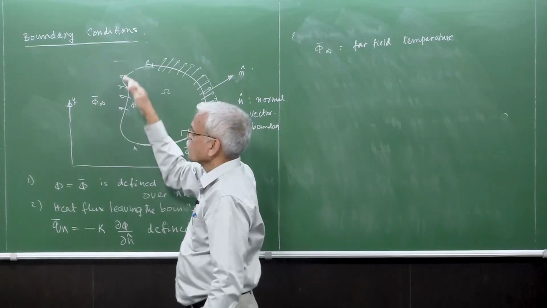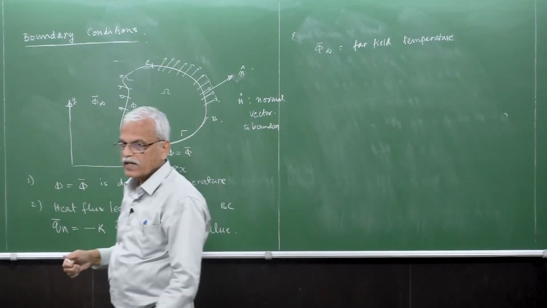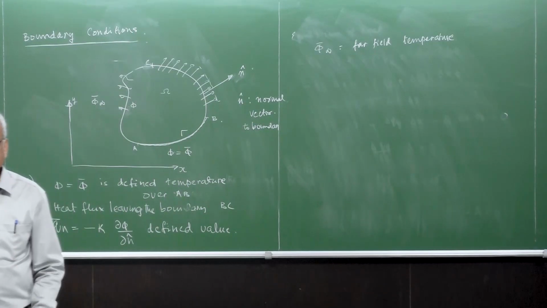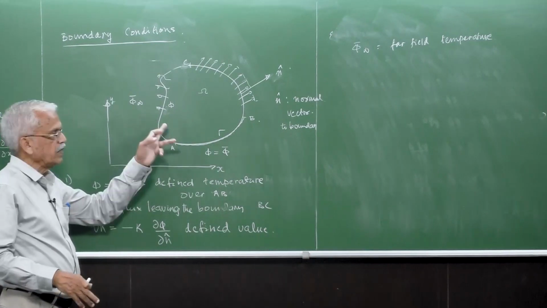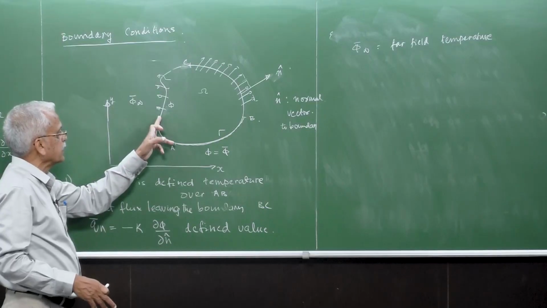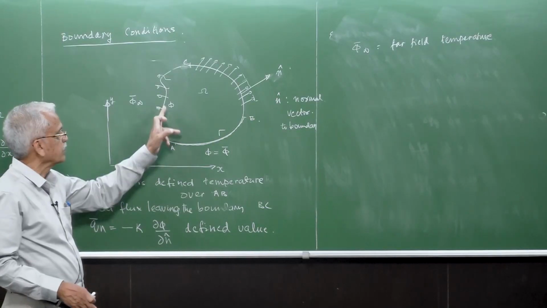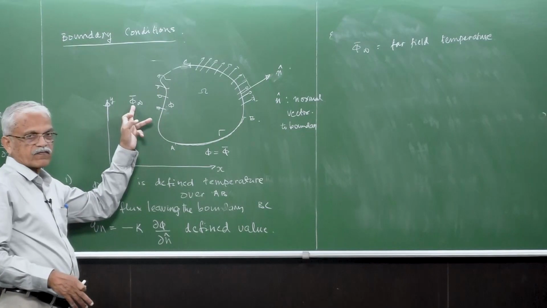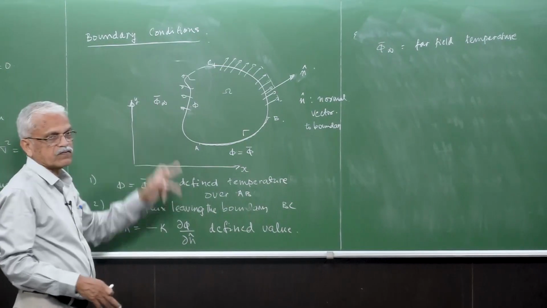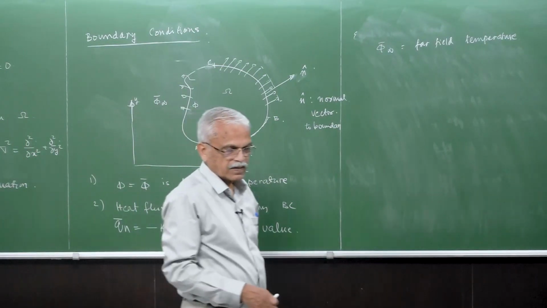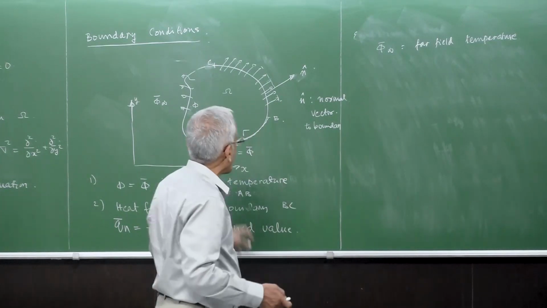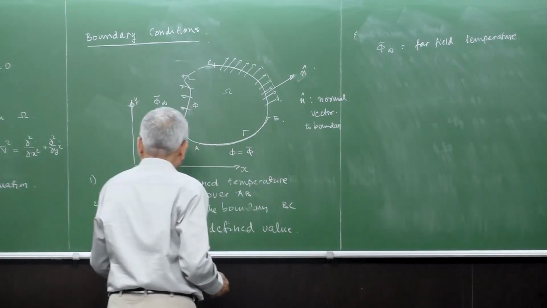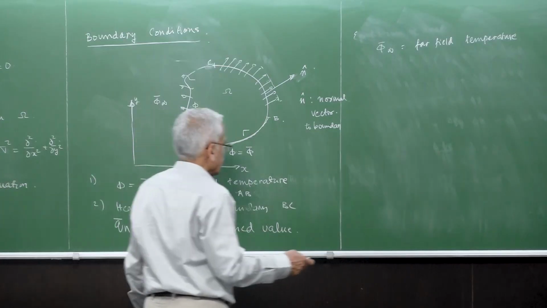Such as, a part of this boundary is exposed to something like air or a fluid medium, where the heat leaving depends upon the temperature of the surface of the body and the phi infinity, which is defined by the ambient temperature. So how much heat is leaving? How much is the heat flux?